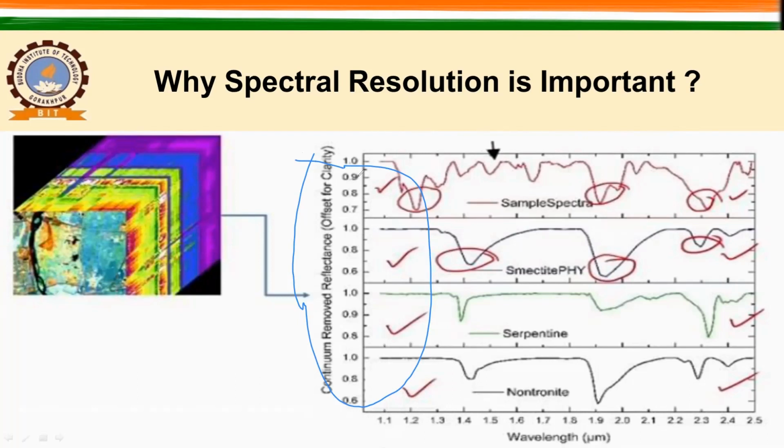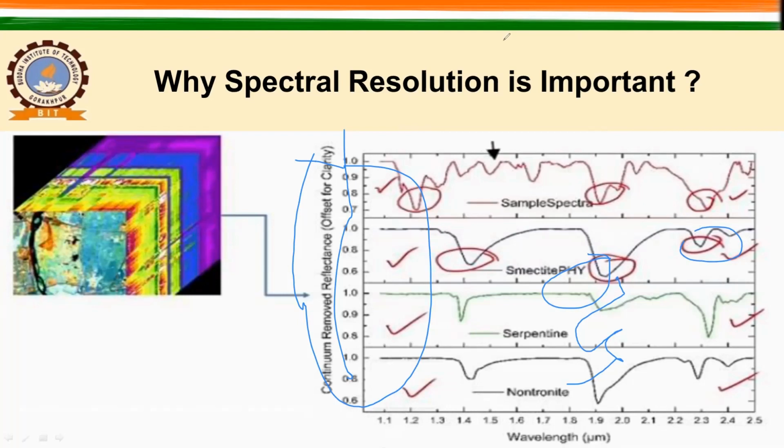For different materials, you can see these features are changing. It is having a trough. Why are these changing? Because of the material characteristics. So you can easily find out the chemical composition of that material based on these spectra, right?